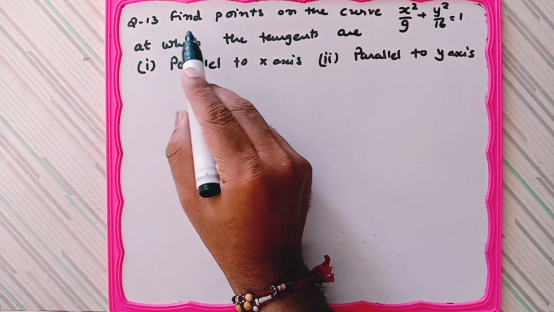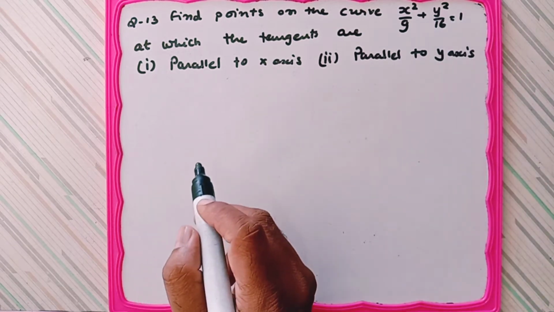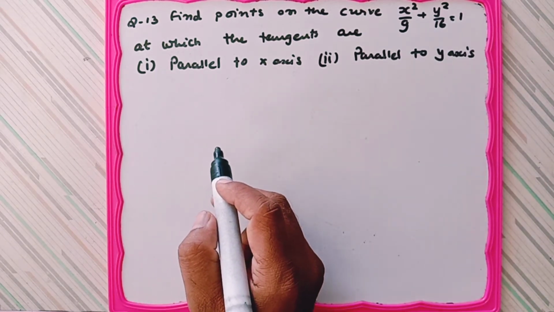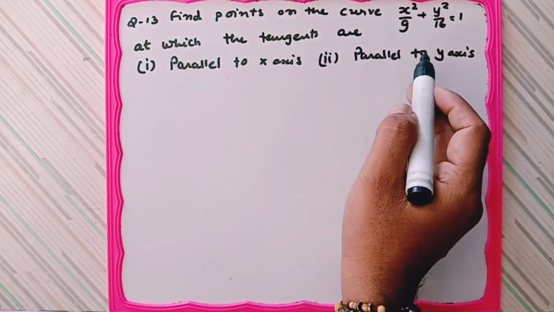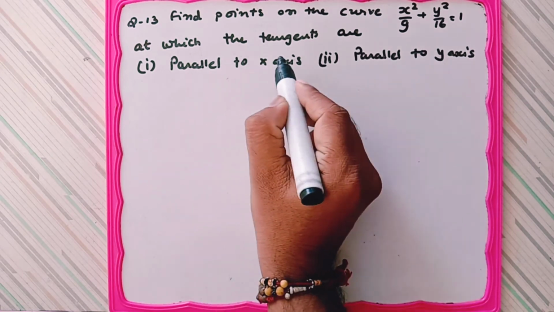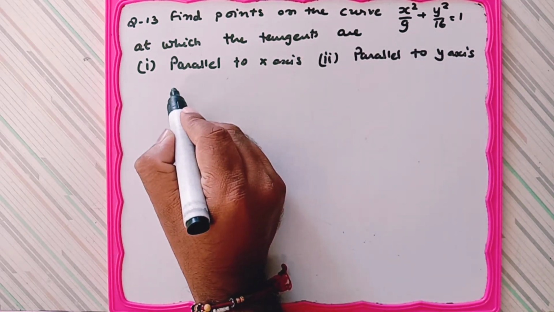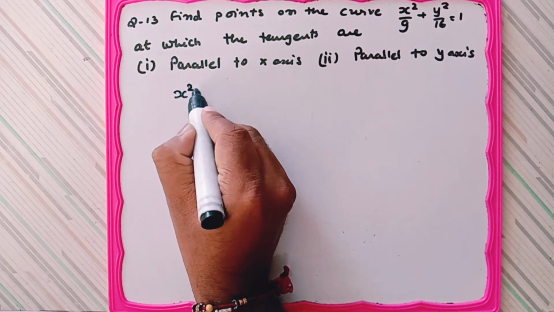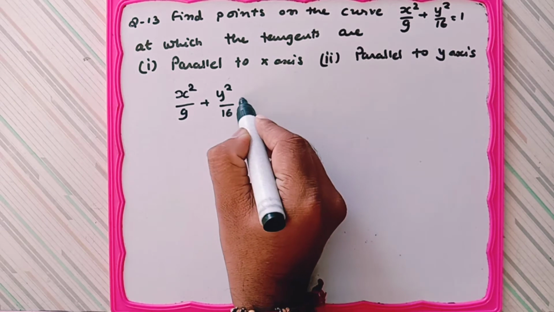Now question 13: find the points on the curve x square upon 9 plus y square upon 16 equals 1, at which the tangent is parallel to the x-axis and parallel to the y-axis. The slope of any line means differentiation of the equation with respect to x. So x square by 9 plus y square by 16 equals 1.